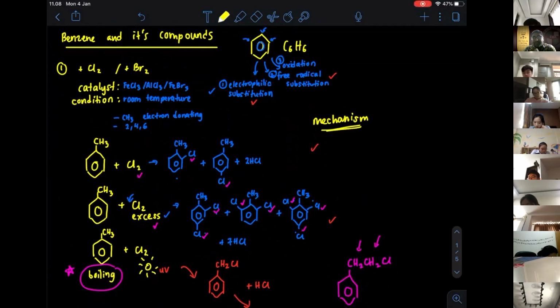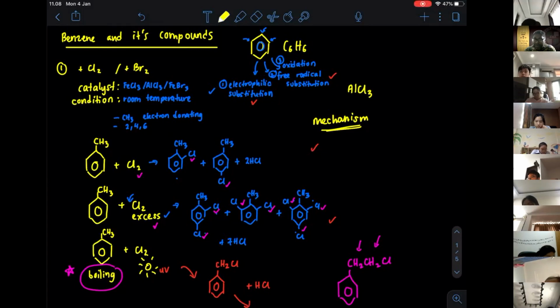The mechanism for this one is more towards when you have this Al or any catalyst, they are going to polarize. Is it a must for us to write, sir? Actually, when they ask you to write, they will ask you to draw the curly arrow diagram.